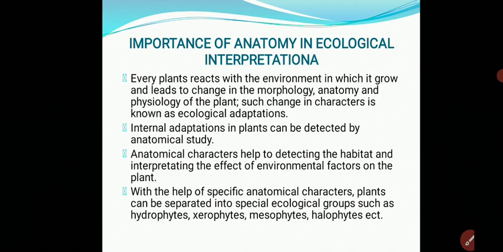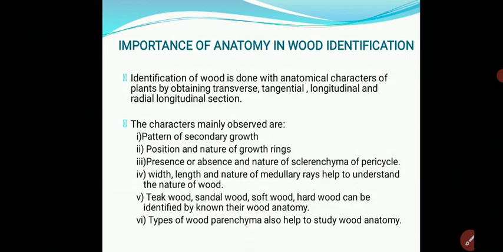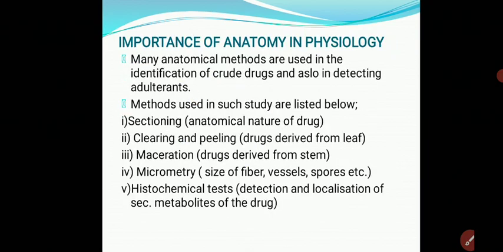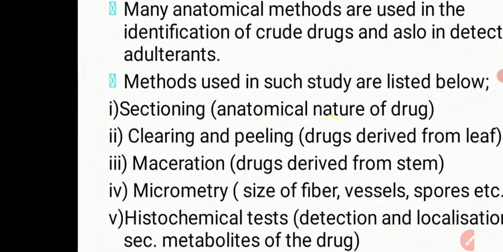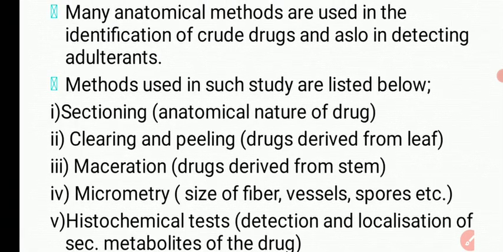Next, that is importance in pharmacognosy. See, the majority of crude drugs are obtained from plants, as plant parts are known as organized crude drugs. The value of these herbal crude drugs lies in their purity and authenticity, and many anatomical methods are used in identification of crude drugs and also in detecting adulterants.